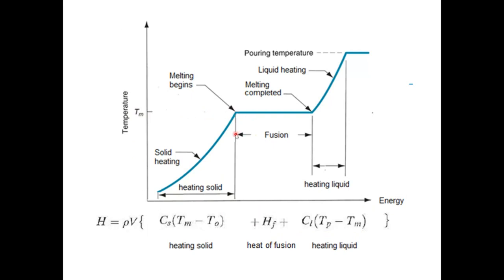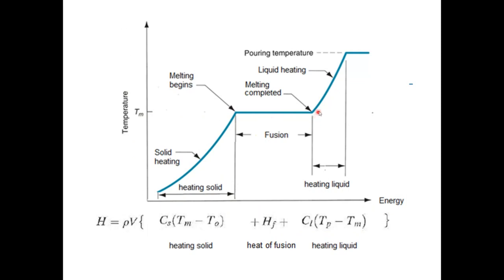And then some energy is needed in order to convert the state of the material from solid at this point to liquid at this point. So there is no change of temperature for some time. However, what changes is the state of the material from solid to liquid.